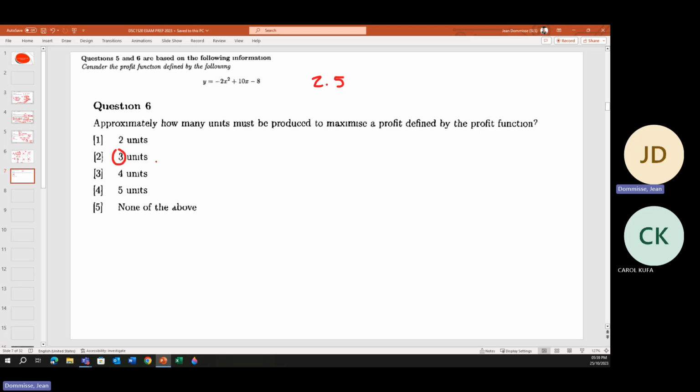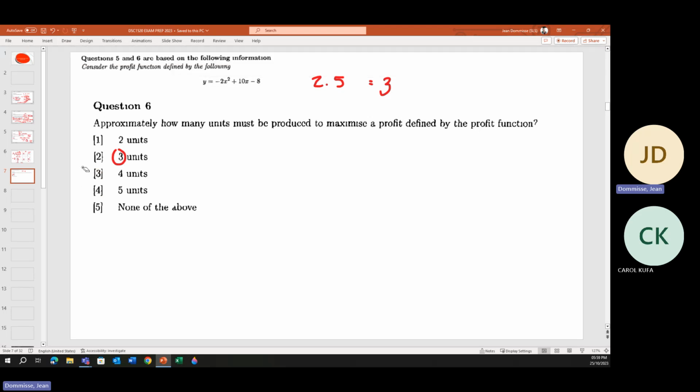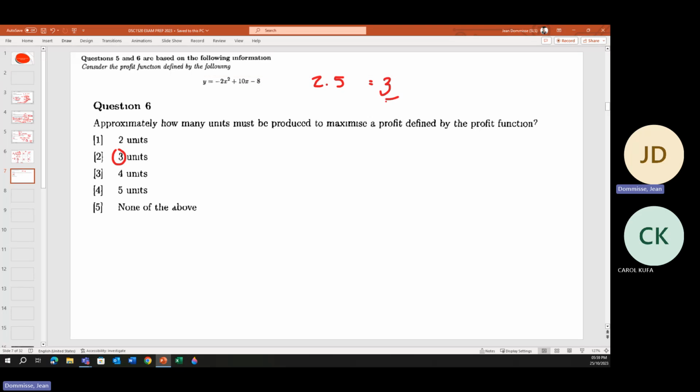Also, and I know I've made that mistake previously as well, that we now say you're working with 3, and then sometimes you pick 3 instead of where they say 3 units. So just be very careful when you look at this one that you pick the 3, that is the 3 units, and that is option 2.